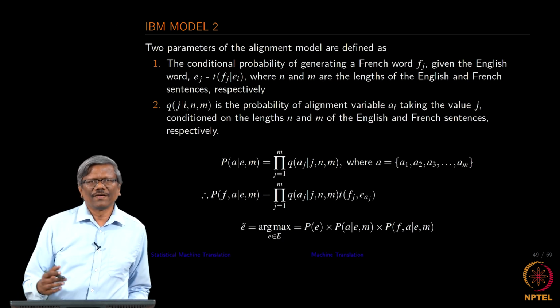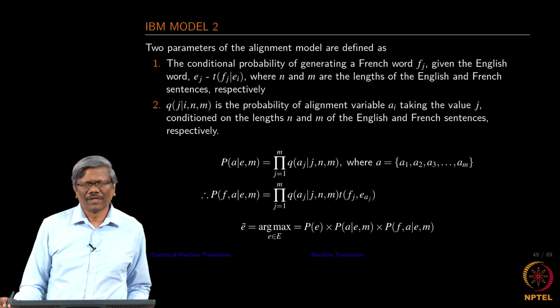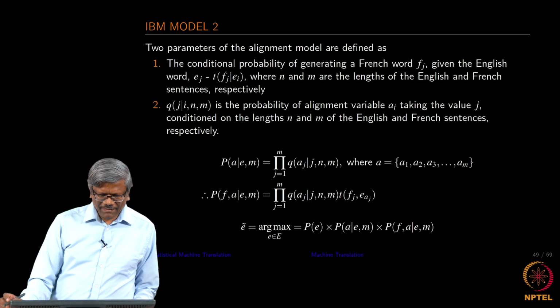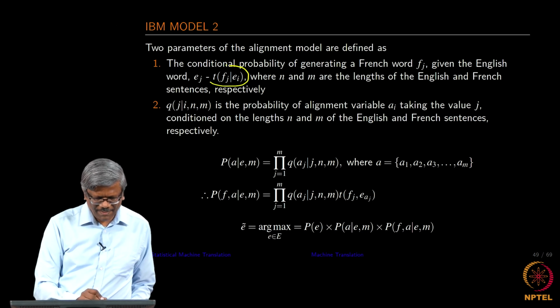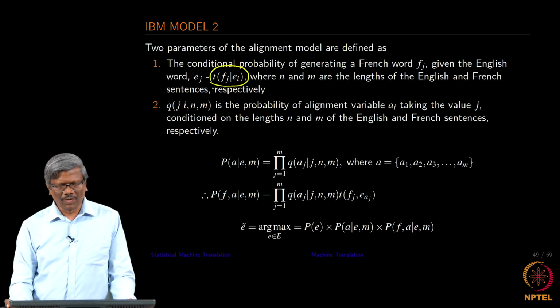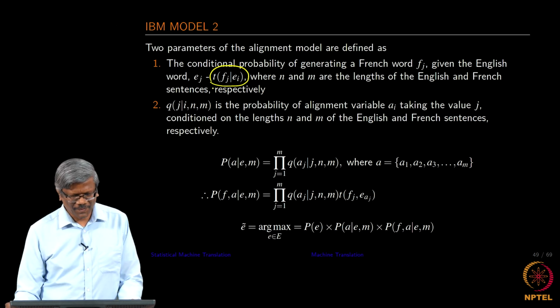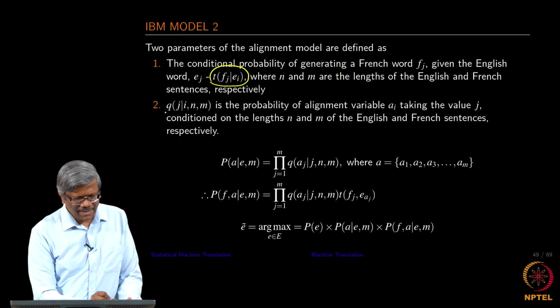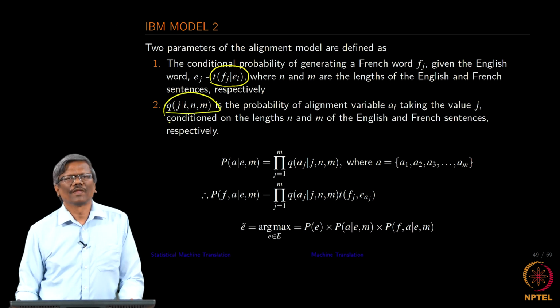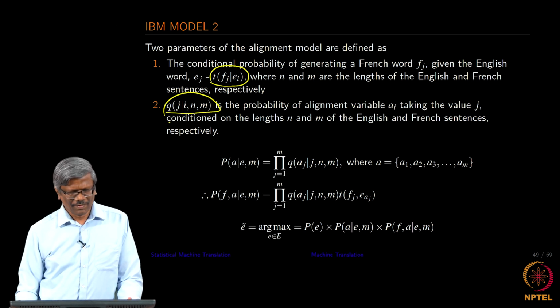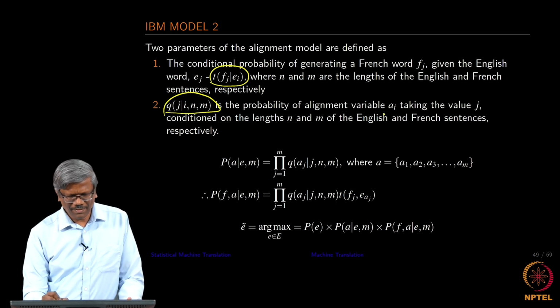Okay. So, here again we are going to be estimating two parameters. One is, as we mentioned, we still have to estimate the translation probability. Given the English word, find the French word. Okay. And then we need to estimate the probability of alignment for the variable a_i.